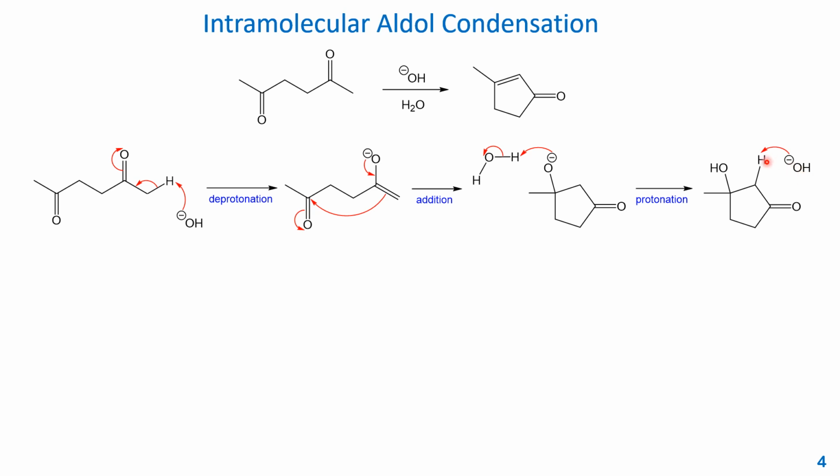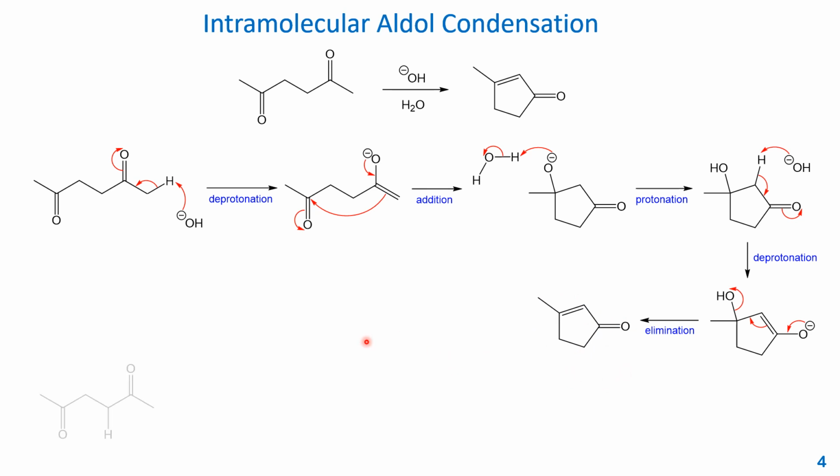Hydroxide will take this proton, push this sigma electron back to form the pi bond, and push this pi electron to the oxygen to form the enolate. And then this enolate will do the elimination. So the electron pushes back, and this pi electron pushes to here and kicks off this leaving group as hydroxide. So this is the final product. It's a cyclic alpha beta unsaturated ketone.